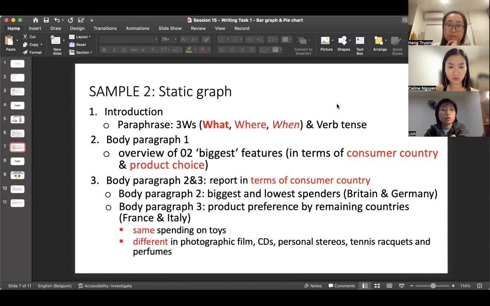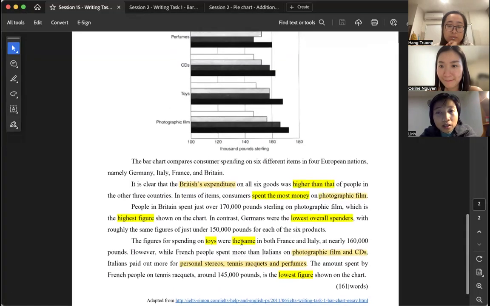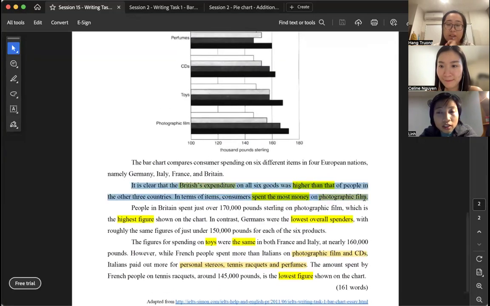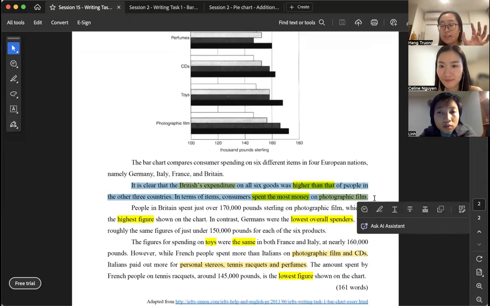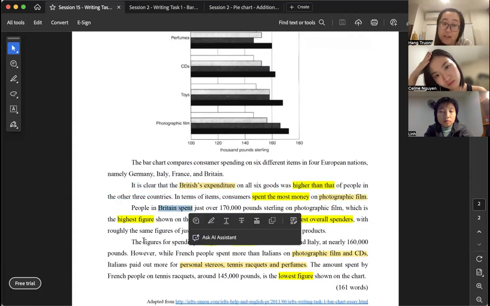In this example, you call it 3 body paragraphs. Why do I call it 3 body paragraphs? The second paragraph, why shouldn't it be overall as the previous one? Well, there are different ways to call it. I don't use a fixed naming; this can be called first body paragraph, second body paragraph, and third body paragraph.